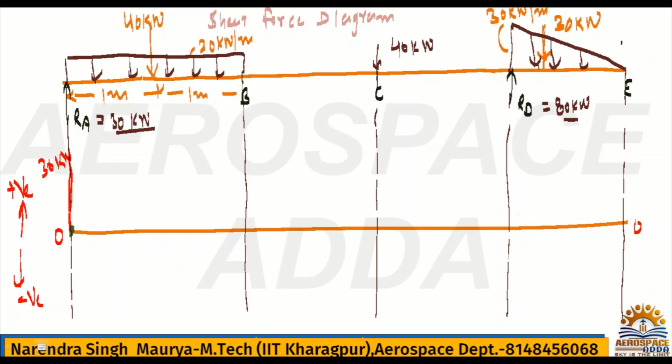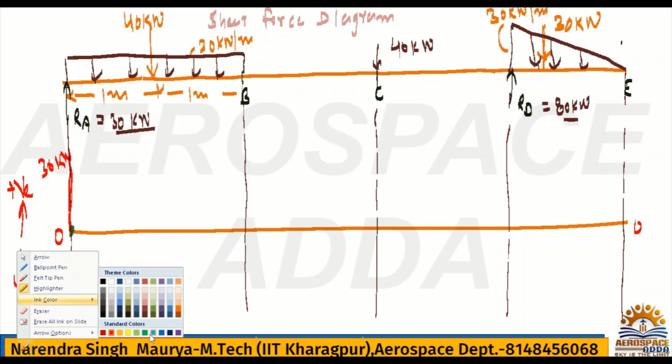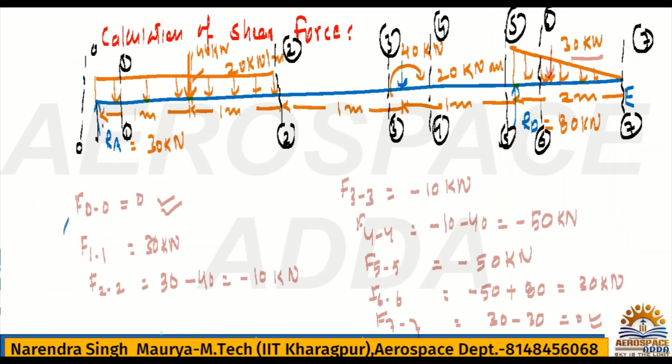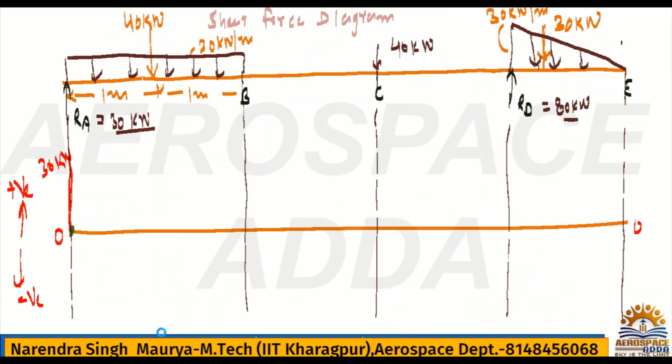Check just before B. Just before B, at 2, 2, because at B we do not have any force, it is minus 10. So minus 10 means somewhere here.